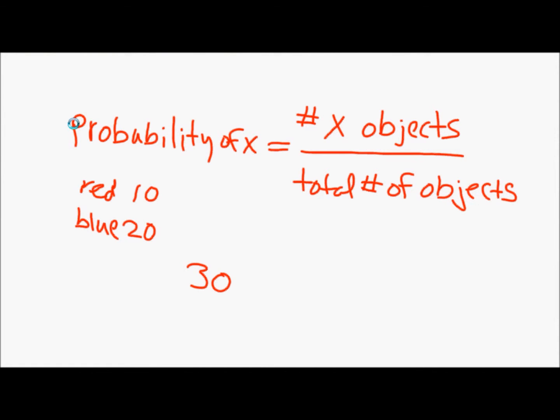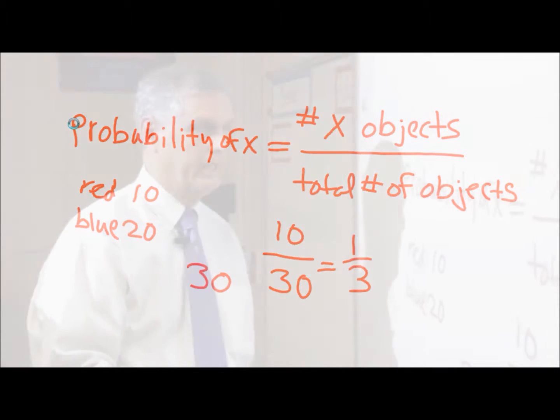What's the probability that if you reached into that bag and pulled out a marble, that it would be red? Well, you have 10 red objects, and your total number of objects is 30. And of course, this would reduce to 1/3. That's essentially what we're doing.